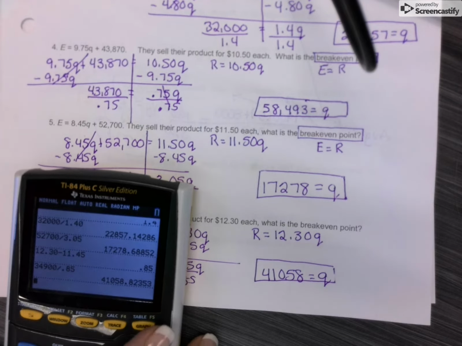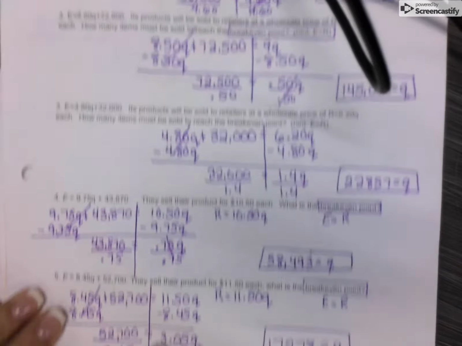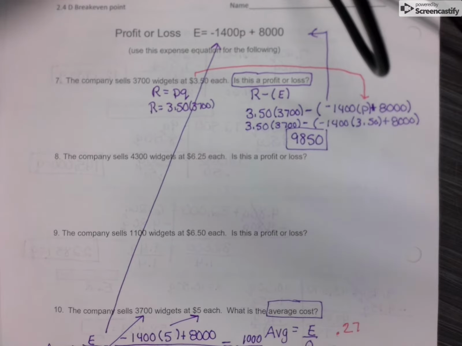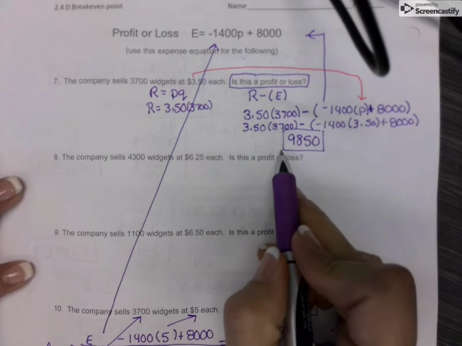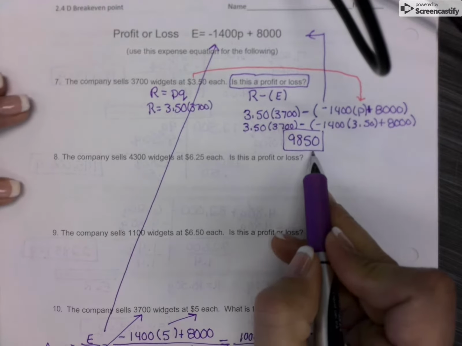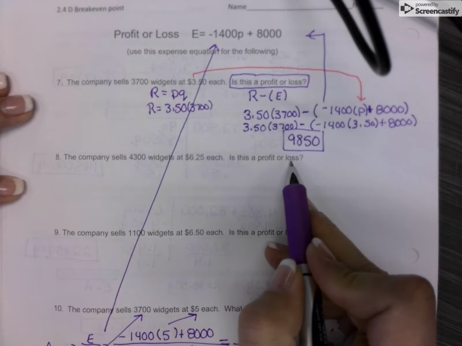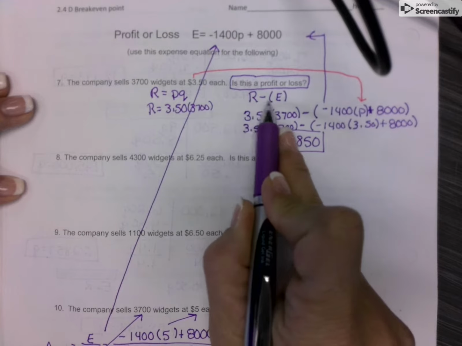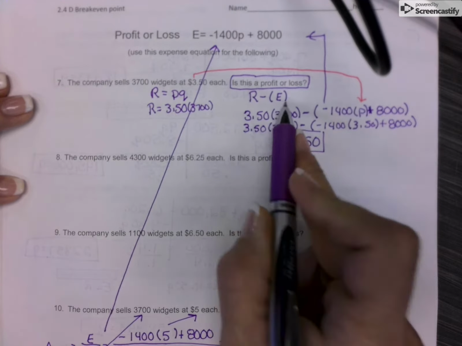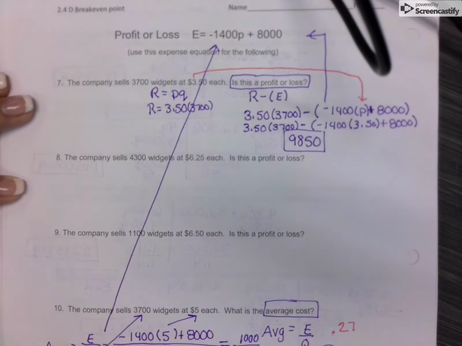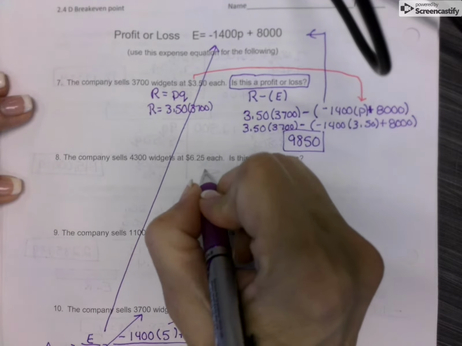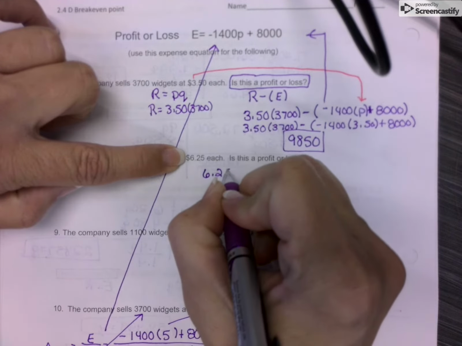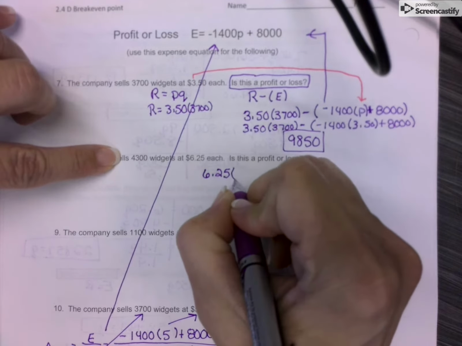Go ahead and flip it over to profit and loss. So we've already did number 7. We got a profit of $98.50. Profit or loss, the formula for that is the money we make minus our bills. So I have revenue, and revenue is price times quantity.